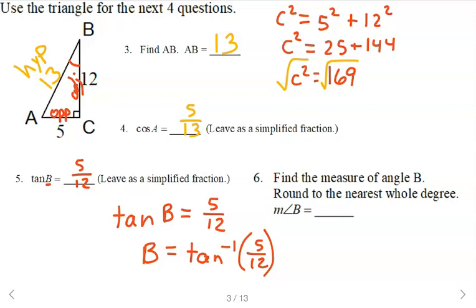So second or shift tangent. And then make sure you're in parentheses 5, fraction button 12, or you can do 5 divided by 12. So we get about 22.6, and this should be approximately equal to there. And so if we round it to the nearest whole degree, that's about 23 degrees.